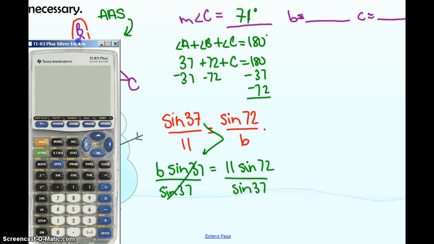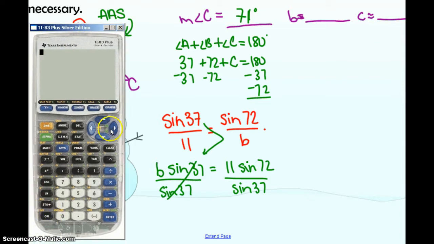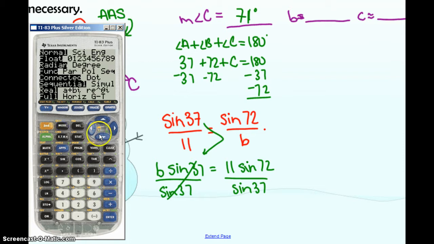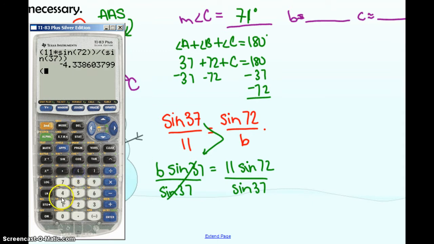So let's get out our calculators. Let's try and do this all on one. 11 times the sine of 72 divided by the sine of 37. Oops, I know that's not right. So let's check our mode. Now we'll get the right one.